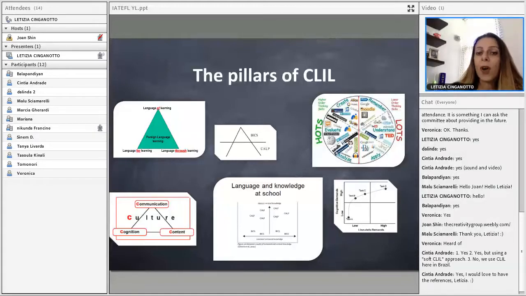With CALP, so cognitive academic language proficiency, you use your language proficiency to talk about an academic subject, to talk about history, about science. And so, of course, the level of competence in the foreign language must be higher. And that's why CLIL fosters, in a very innovative way, also the development of your language competence.